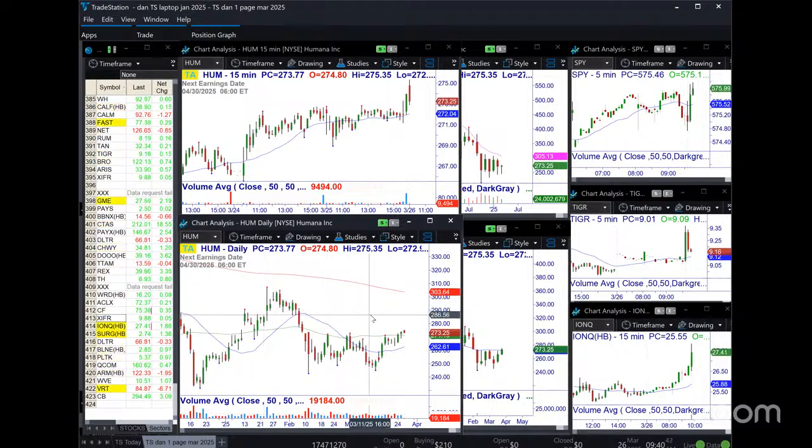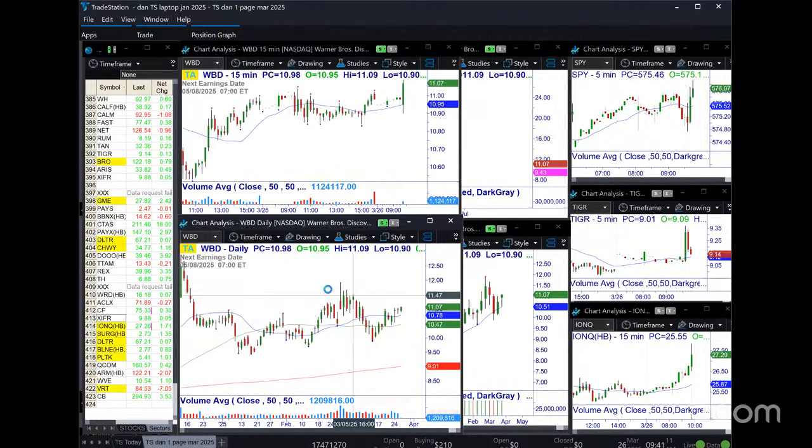Yeah, Humana still looks great. I like the pattern, but I don't like the spreads. Mm, there's no void.